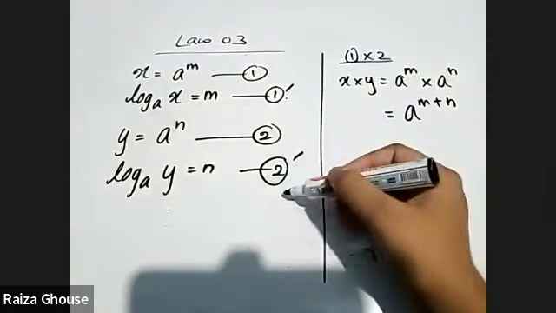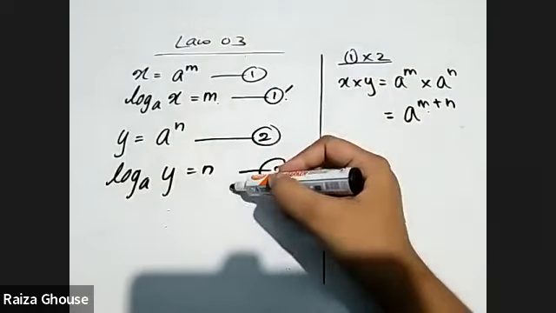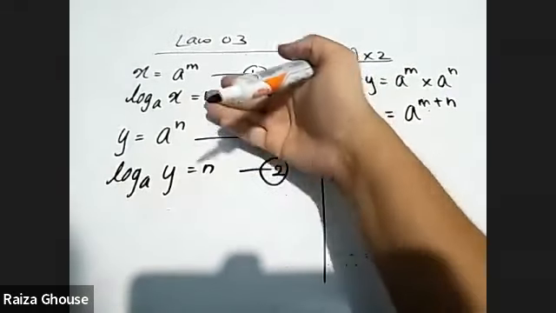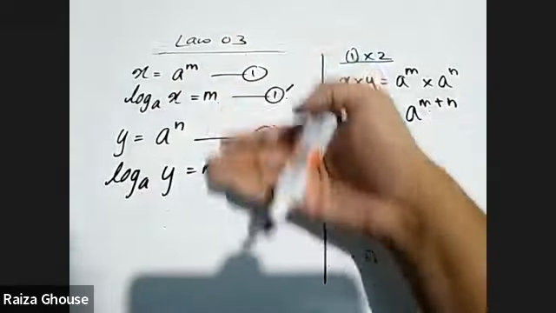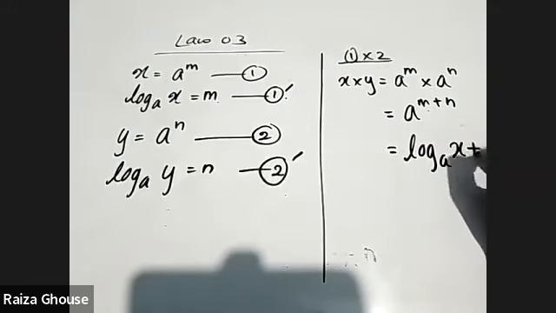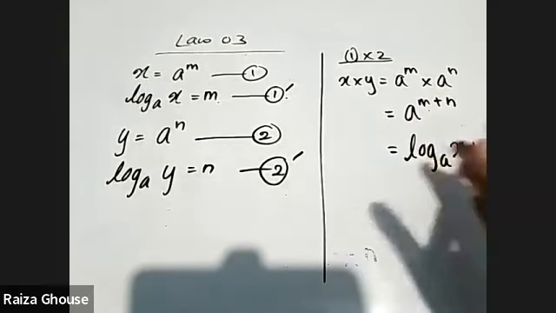Yeah, miss. Right, now tell me m plus n. Look at the 1 dash and 2 dash. m plus n in this side is equal to which one? m is log a x and n is log a y.